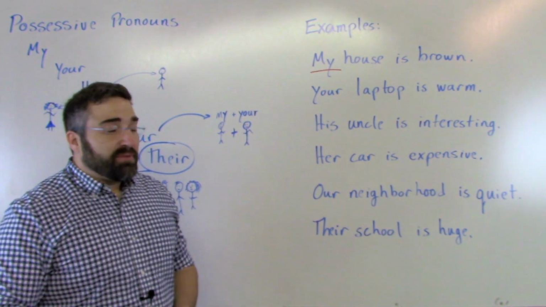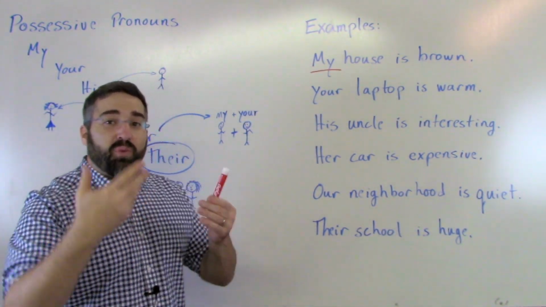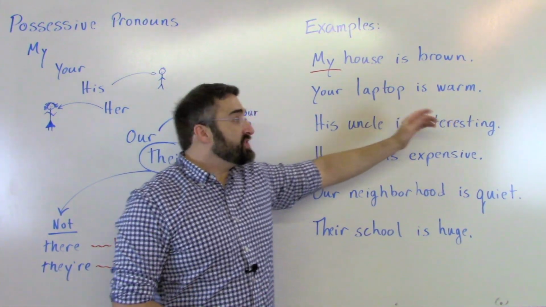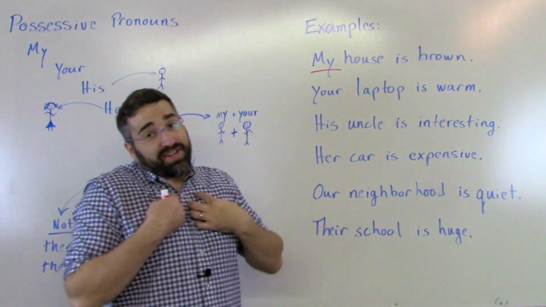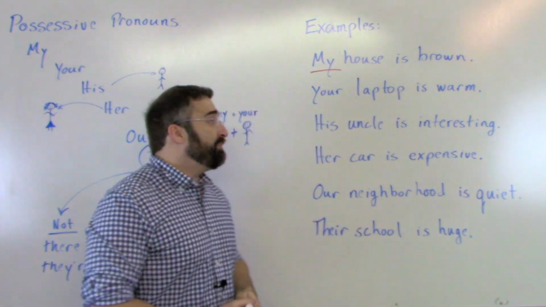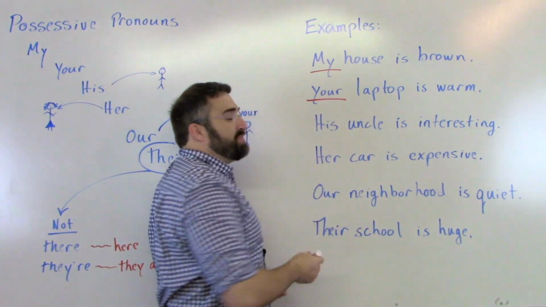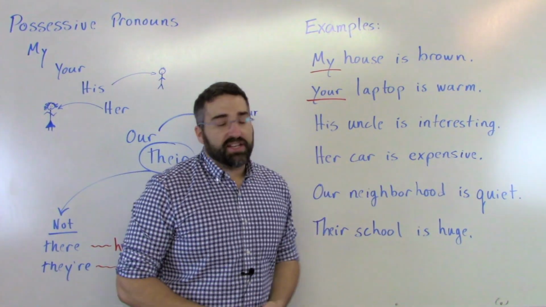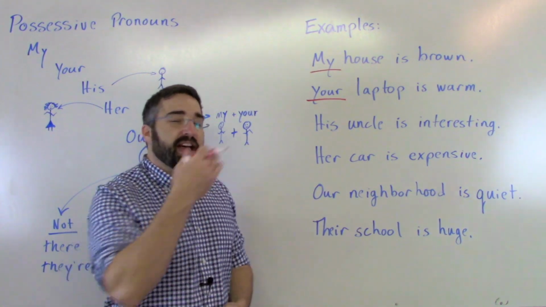Your laptop. Right now, you're sitting there watching this lesson. Maybe your laptop is warm. So I would say to you, your laptop is warm, okay? So it belongs to you. His uncle is interesting. He's a nice man.